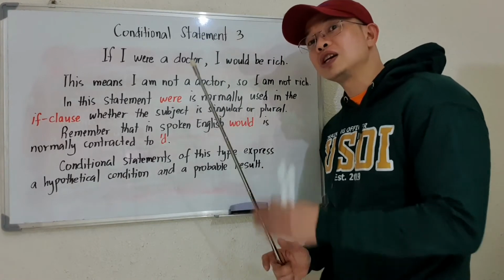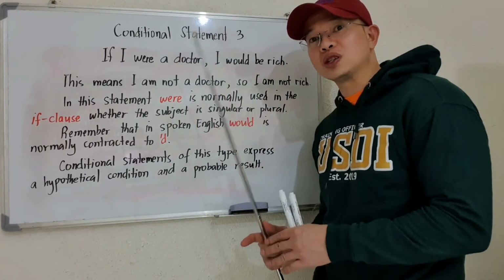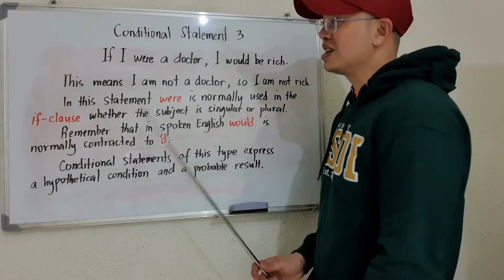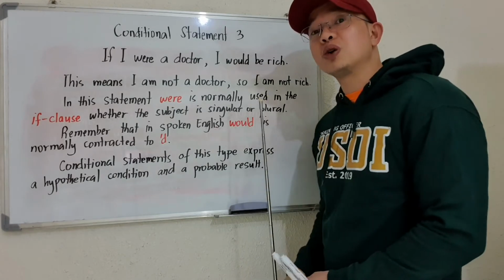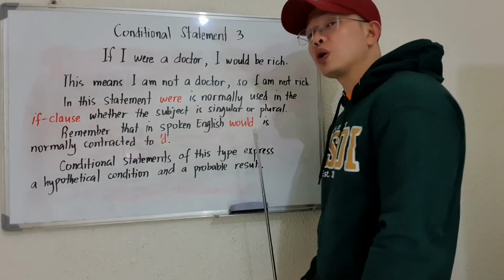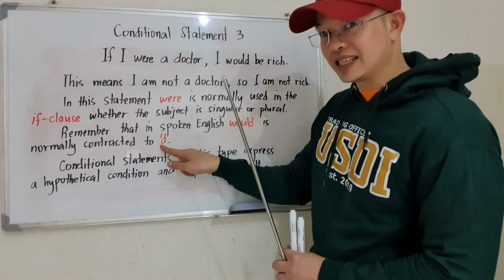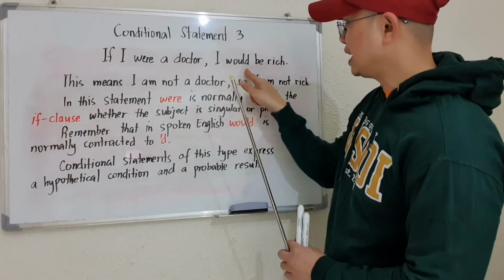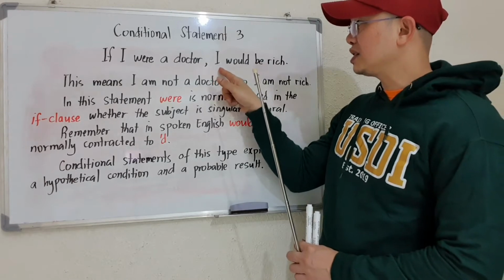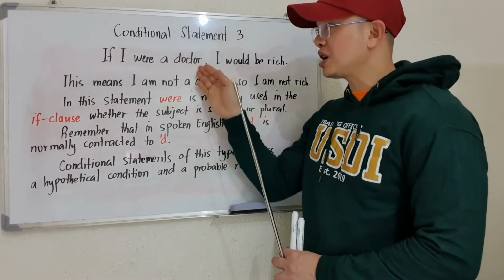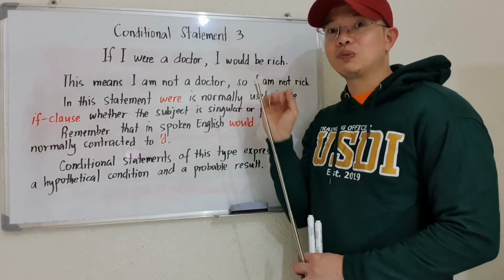If you're not familiar with subject-verb agreement, you may as well watch the other video about the lessons on it. Remember also that in spoken English, would is contracted. Instead of I would, you say I'd. So, if I were a doctor, I'd be rich in spoken English.